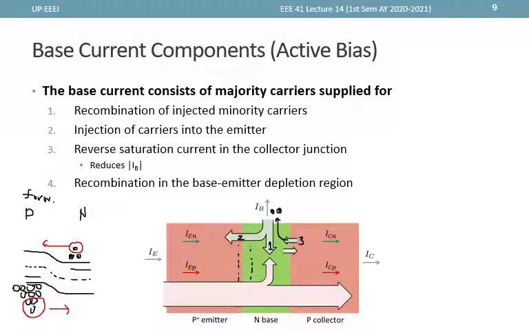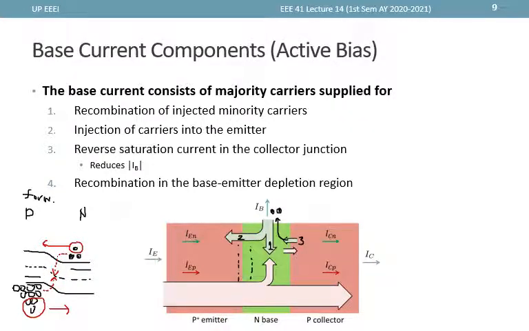What actually recombines are the lower energy holes and lower energy electrons. So aside from the usual carriers that are able to cross, there is an additional current due to recombination at the base emitter depletion region, which is in the same direction as this current right here.